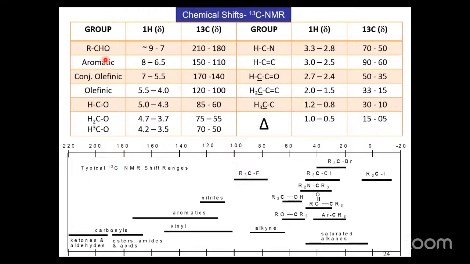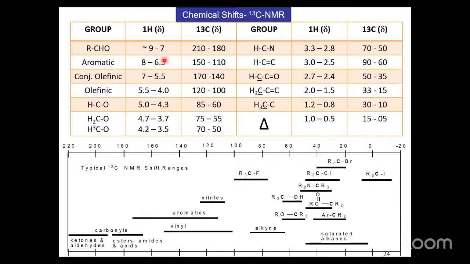In column 1, you are observing aldehyde, aromatic and olefinic molecules, then the saturated molecules. Coming to H1, aldehydic protons come between 9 and 7 delta. For carbon-13, we are talking of the carbonyl carbon, which will come between 210 and 180.